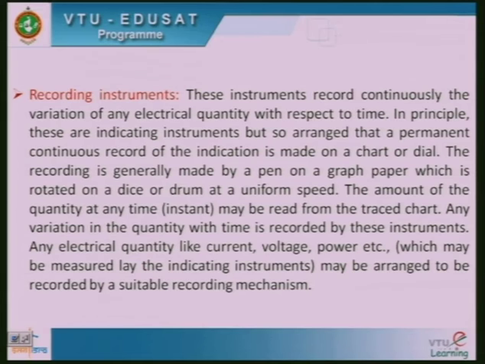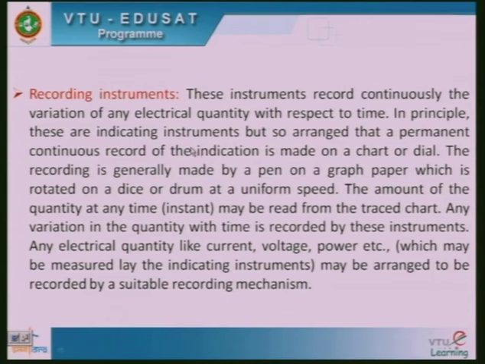The instrument goes on recording, like the ECG information. Those are recording instruments which give the ECG signal, because it continuously records on that graph sheet what is happening with the patient. The best example is the ECG printout you get from the instrument. Those types of instruments are recording instruments.